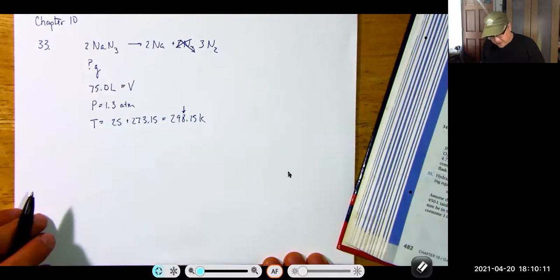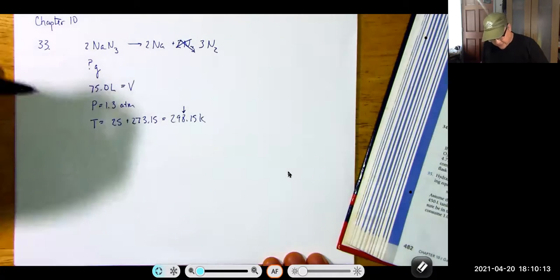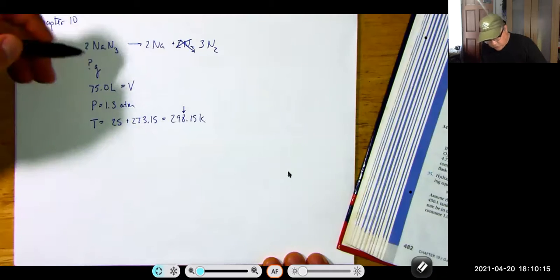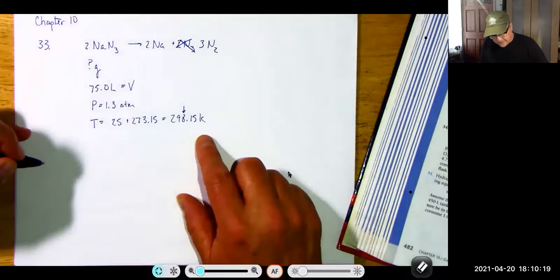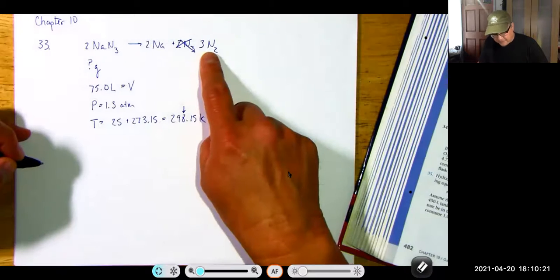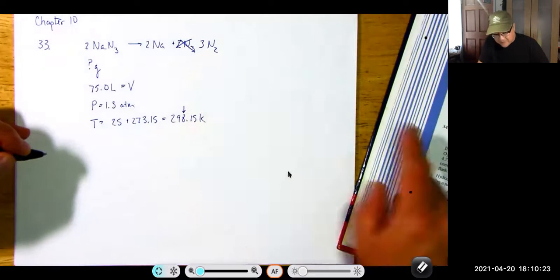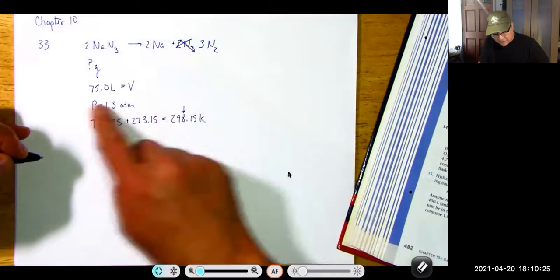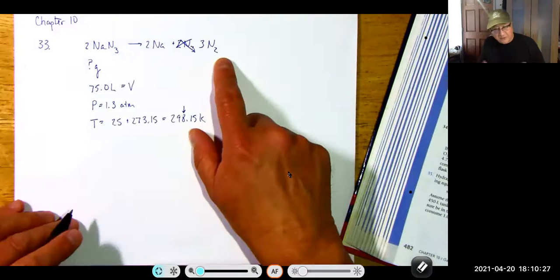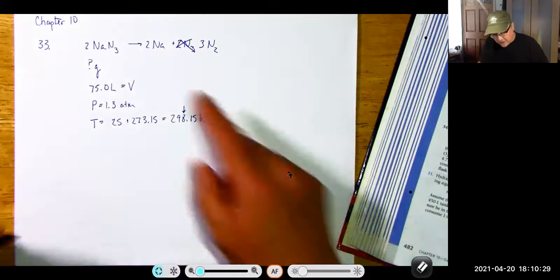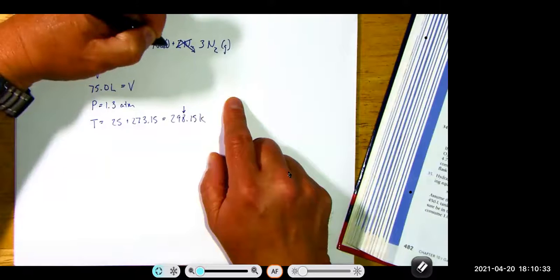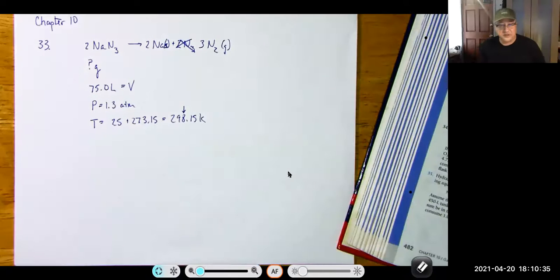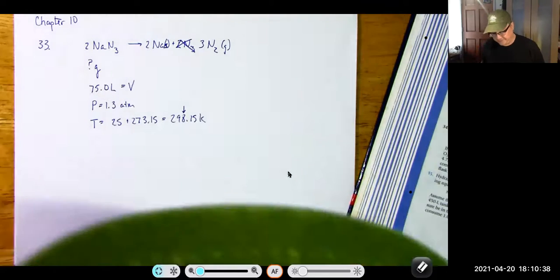Okay, so here, the idea is that you're going to use all of this information to calculate the grams of this to make 75 liters of N2, because that's what's going to fill up the bag. This is a solid, this is a gas. Solids don't really have any volume to speak of compared to gases.